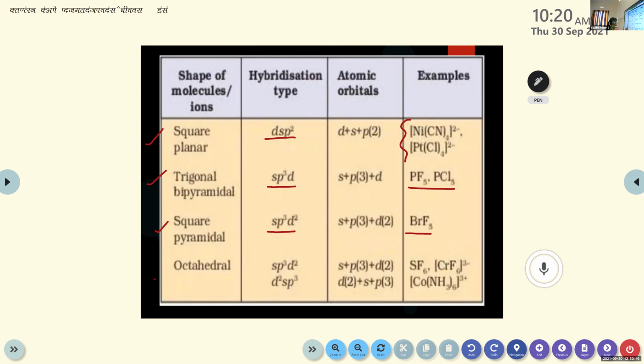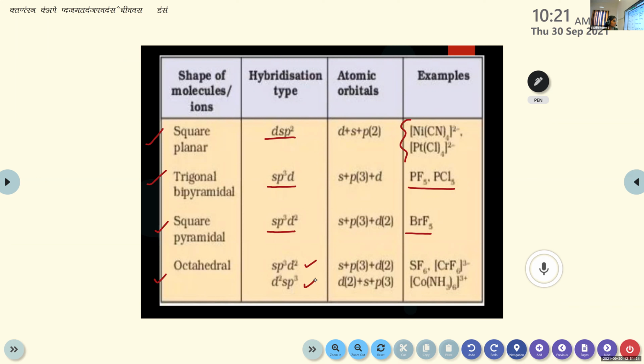Then the last one is octahedral in shape. There are two types of hybridization for this octahedral shape. The first is sp3d2 and the next is d2sp3. Both types of hybridization have the same shape, octahedral. Here one s orbital, three p orbitals, and two d orbitals are involved, but the p or d orbitals differ: sometimes 3s, 3p, 3d, or 4s, 4p, 3d. That is the difference between sp3d2 and d2sp3.